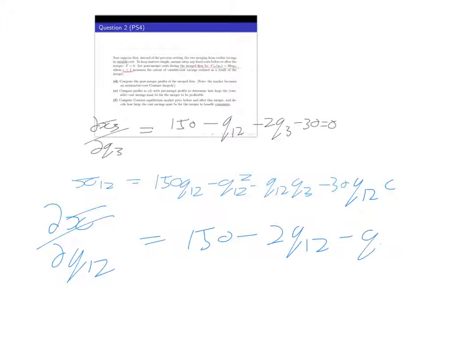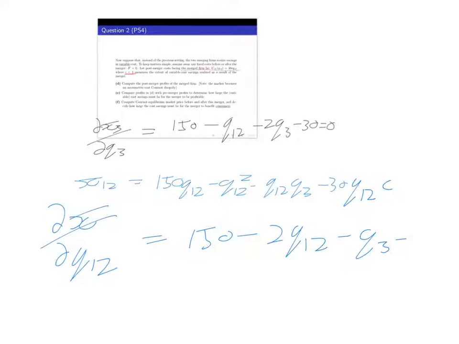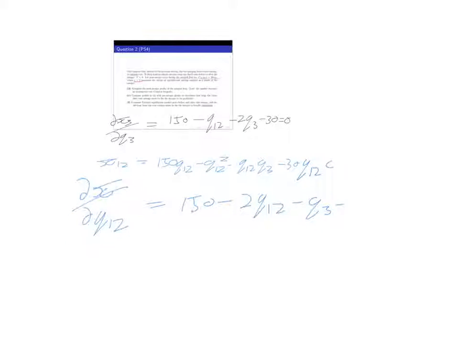Two minus Q3 minus 30C equal to 0. So see, the C is still here, and now everything, the price, the quantity, is all going to be in terms of this little discount. We'll call this equation 1, firm 3's first order, and we'll call this equation 2.